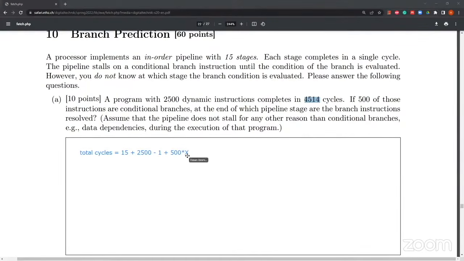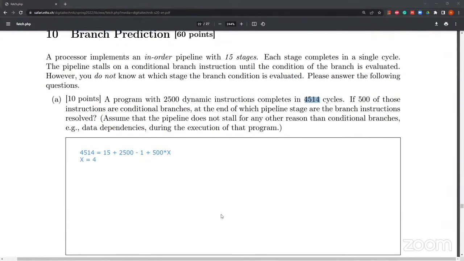For now, assume every branch instruction introduces X bubbles, and we have 500 of these instructions. So we can replace the total cycles with the given program execution time, which is 4,514 cycles. And when you do the math, X should be equal to 4.